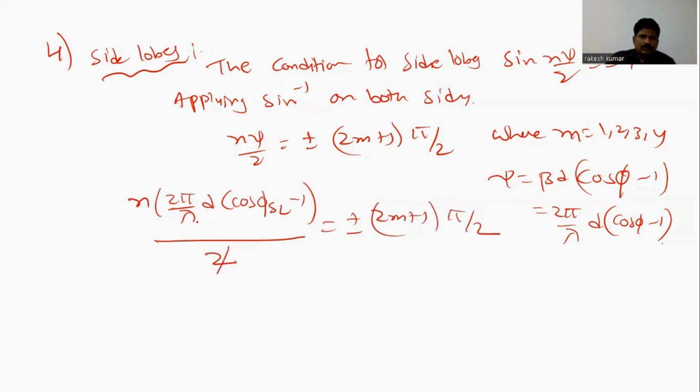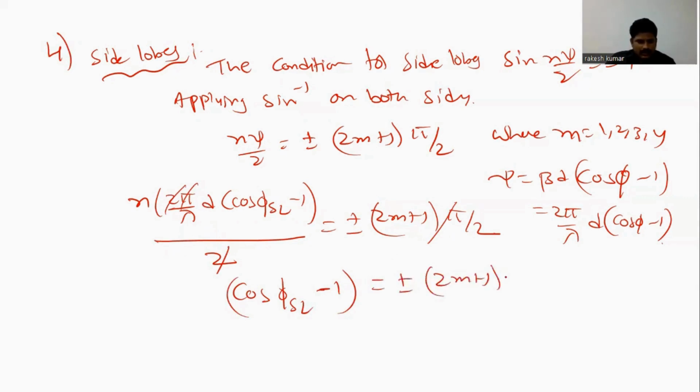So 2 will get cancelled, pi will get cancelled. So cos phi side lobe minus 1 is equal to plus or minus (2m plus 1) lambda by 2 n d.